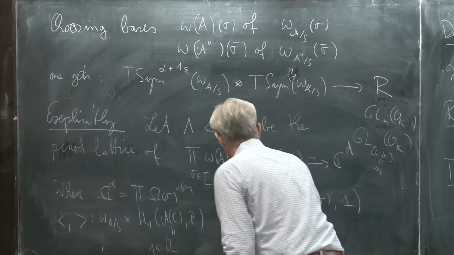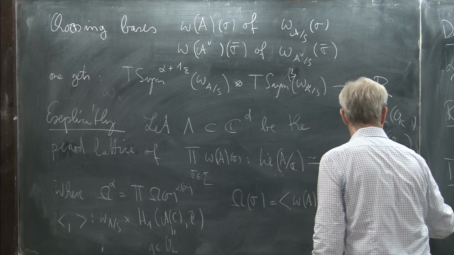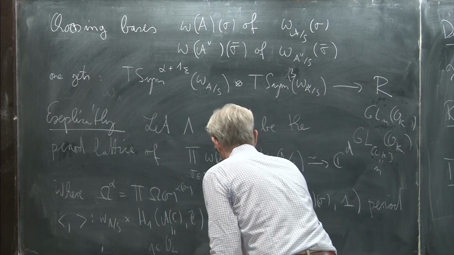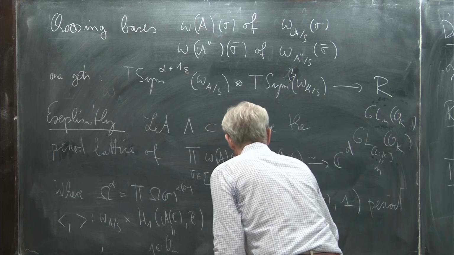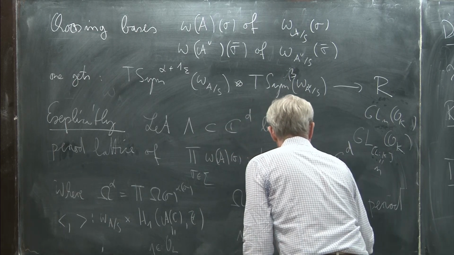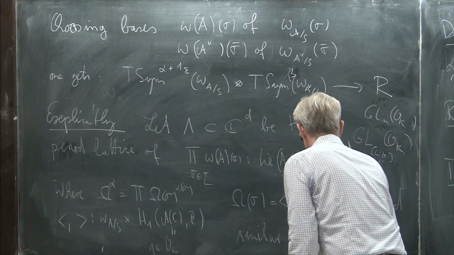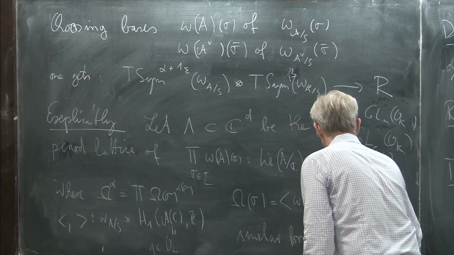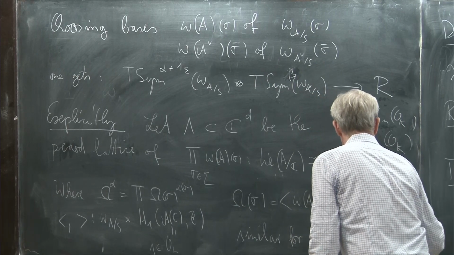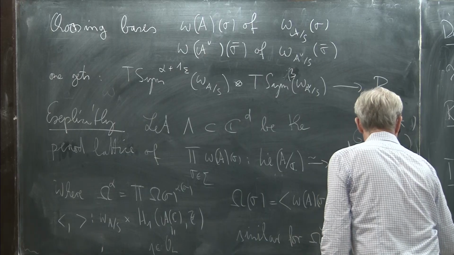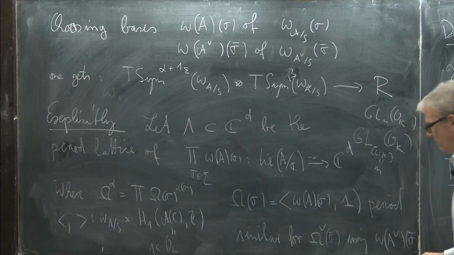And similarly for omega dual sigma, using the dual basis, a basis of the dual abelian variety.